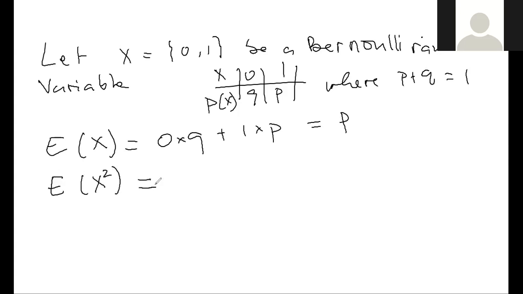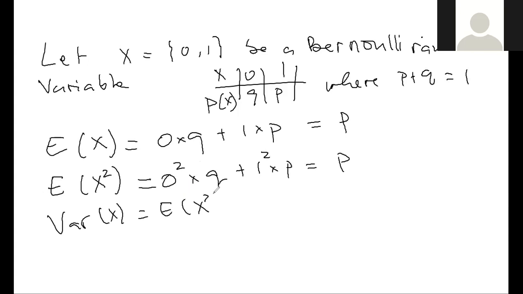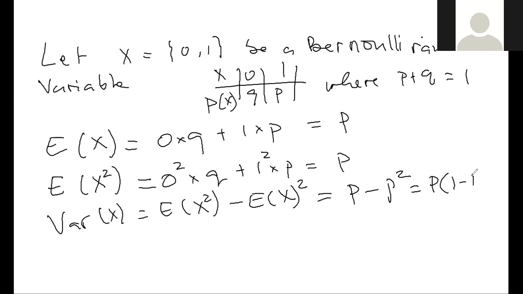E of x squared will be what? E of x squared will be 0 squared times q plus 1 squared times p, which is again p. So the variance of x is E of x squared minus E of x all squared, which is p minus p squared, which is equal to p times 1 minus p, which is equal to pq.